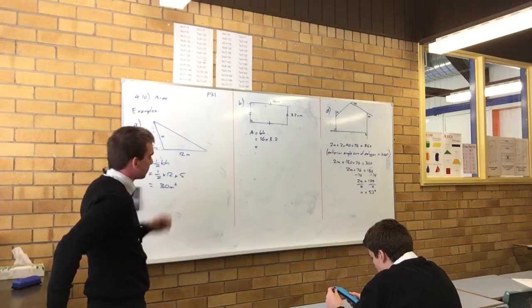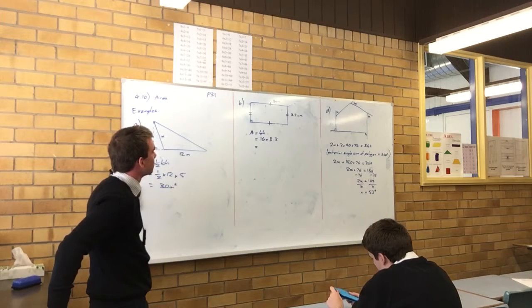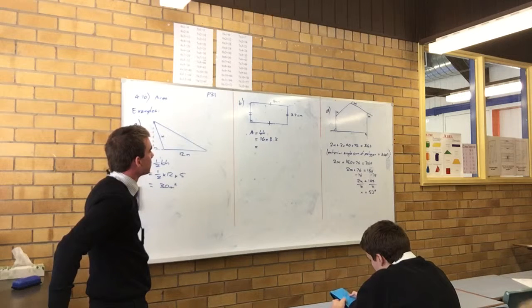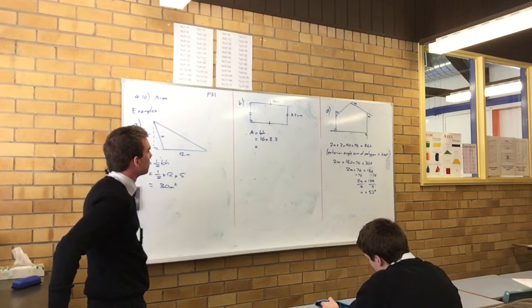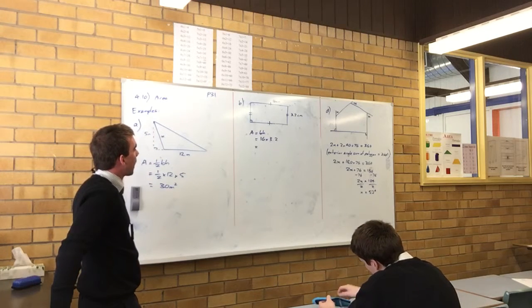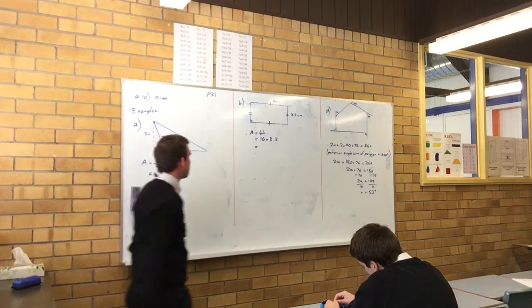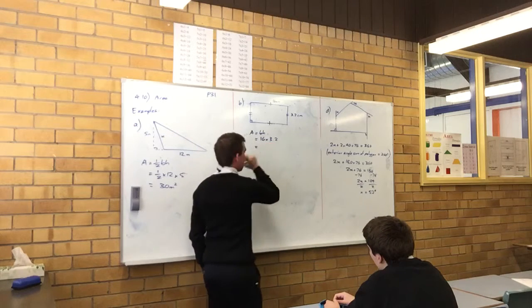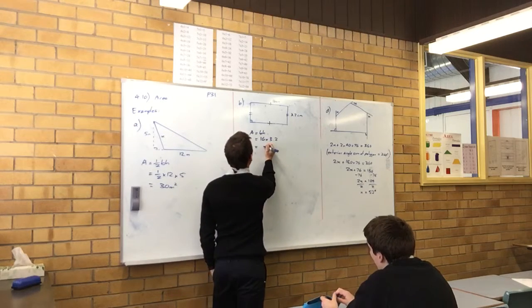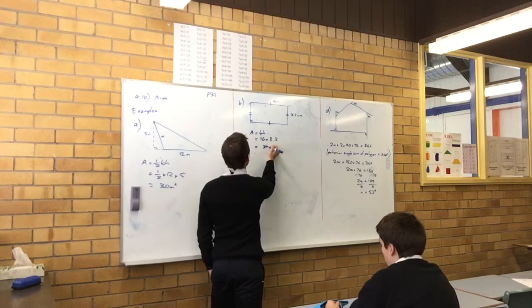Drawn to scale. 32 plus 3.2. You got 50.